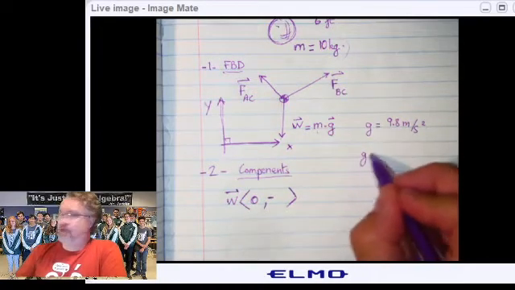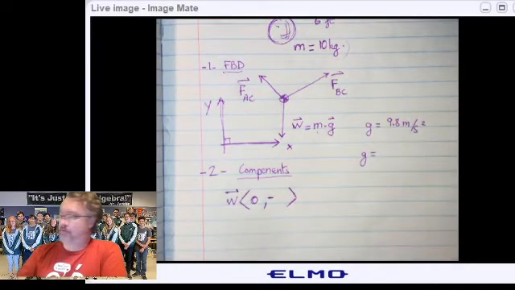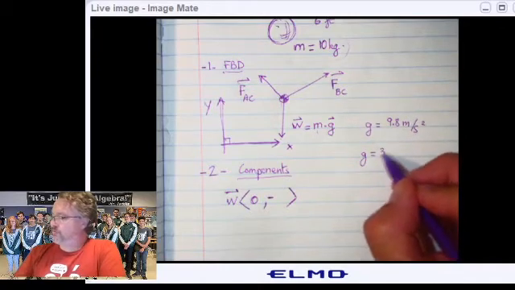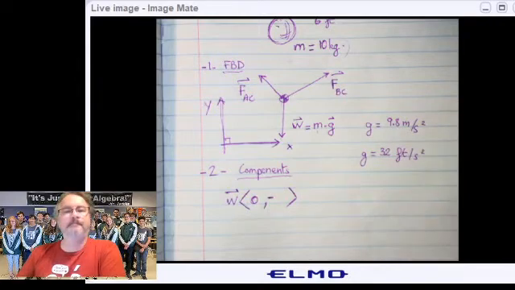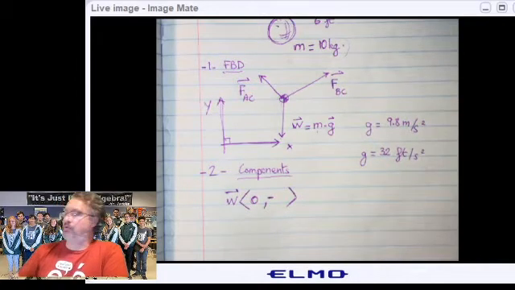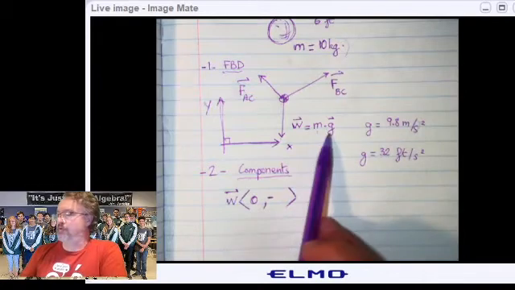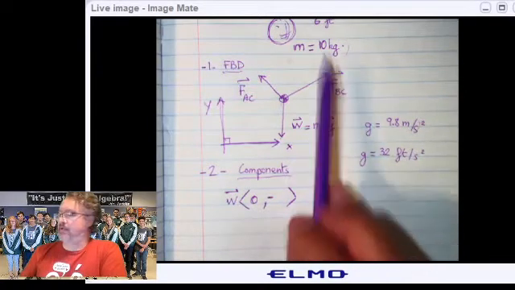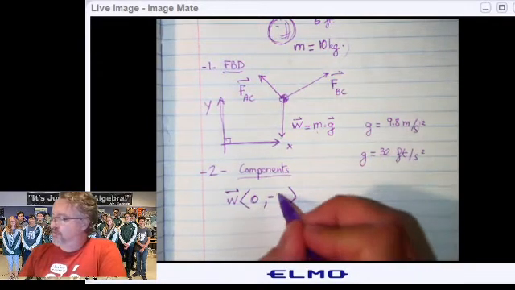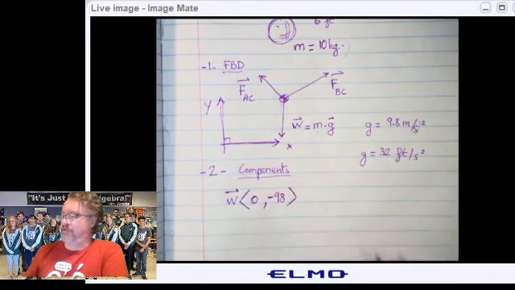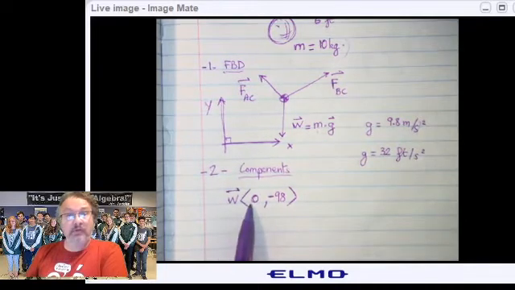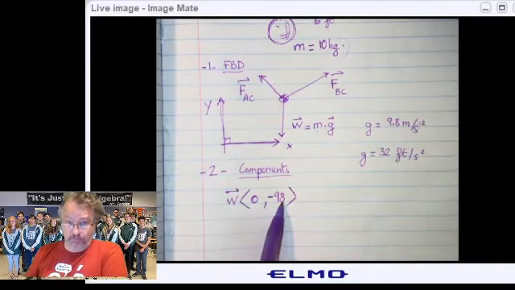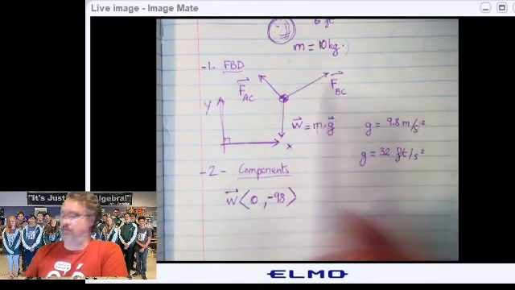And if you have a mass that is given in pounds, then you are going to use 32 feet per second squared. Okay. So here I'm going to use this value for g, and since the mass is 10 times 9.8, I'm going to have negative 98 newtons right here. Okay, so in the x direction W is 0 newtons, in the y direction it's negative 98 newtons. Okay, now let's look at the force BC.